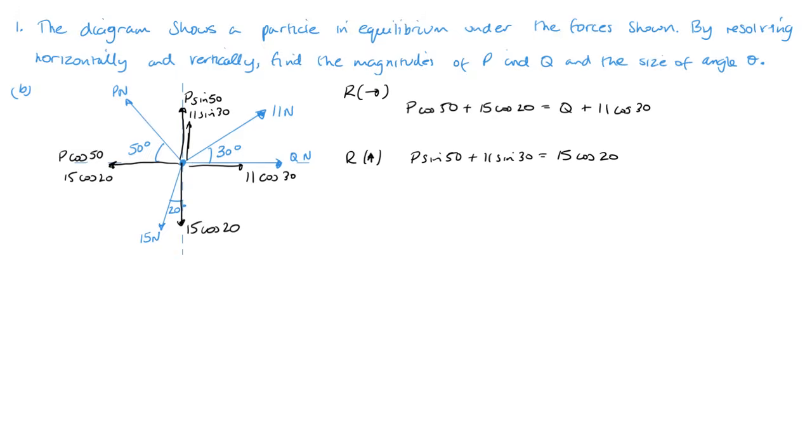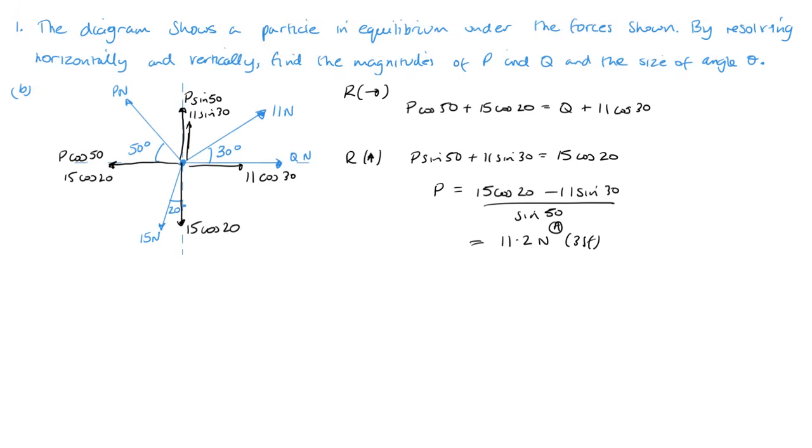So from this second equation, I can work out what P is, because that is 15 cos 20 minus 11 sine 30 all over sine 50. That gives me that P is 11.2 newtons to 3 significant figures.